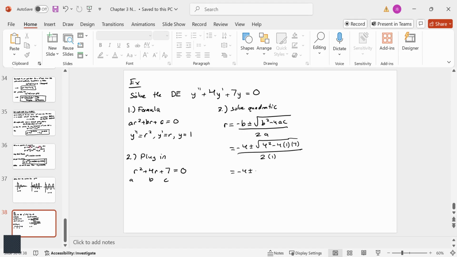Negative 4 plus or minus the square root of 16 minus 28, I believe, right? Yeah. And I get negative 12, over 2. And then my answer is negative 2 plus or minus 1 half square root of negative 12. Whoops, I forgot a negative.